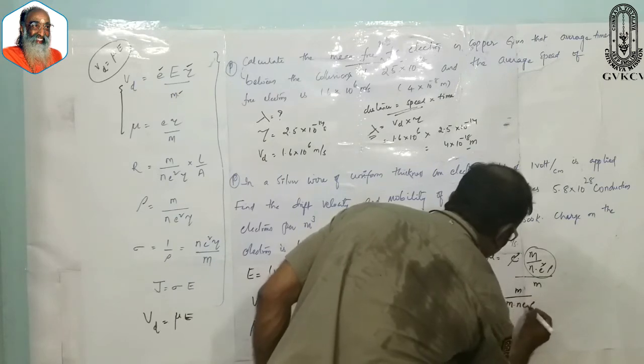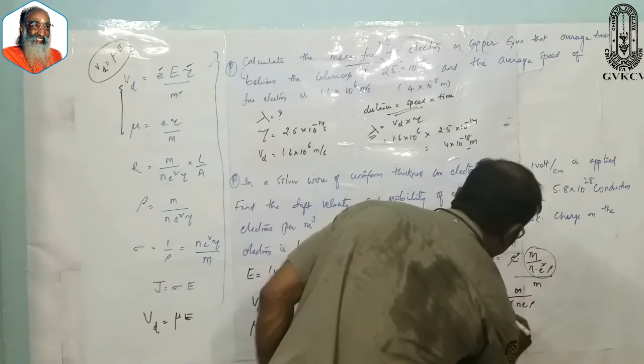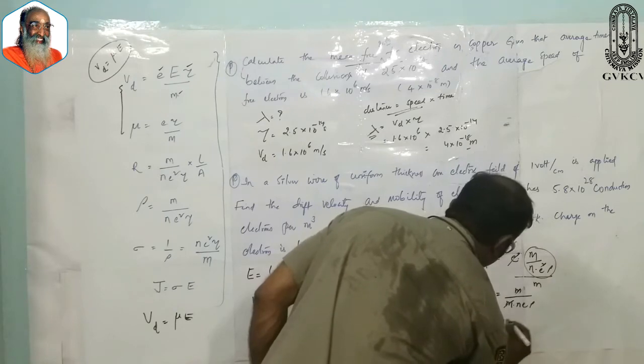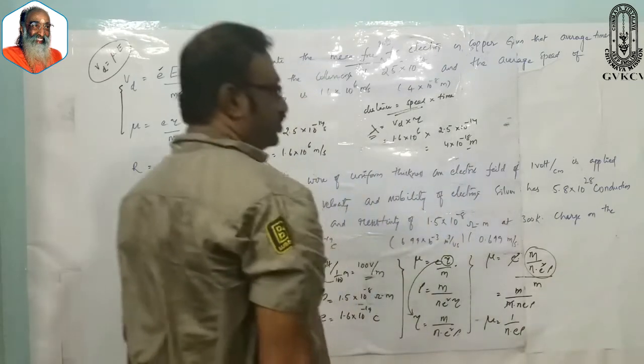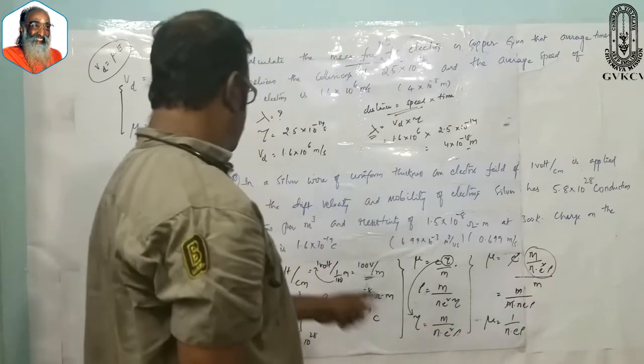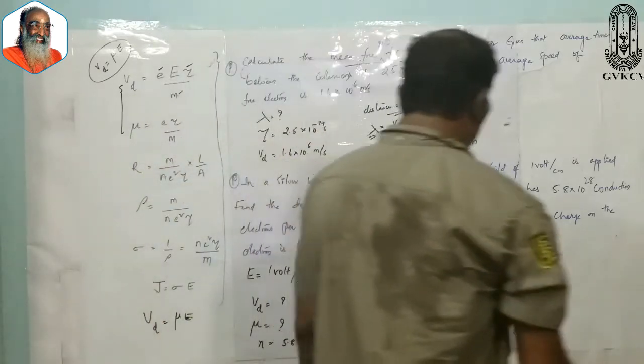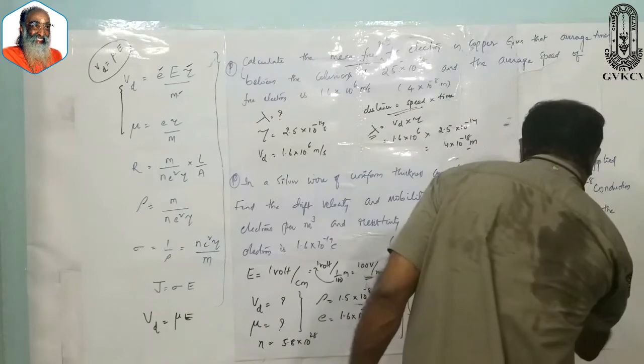So this M gets cancelled, so mu is equal to 1 by N E rho. So now your expression is completely turned to whatever you have. So mu is equal to 1 by N E rho.